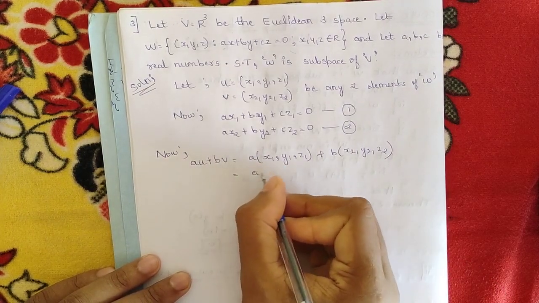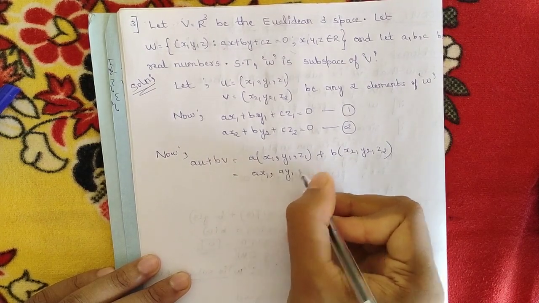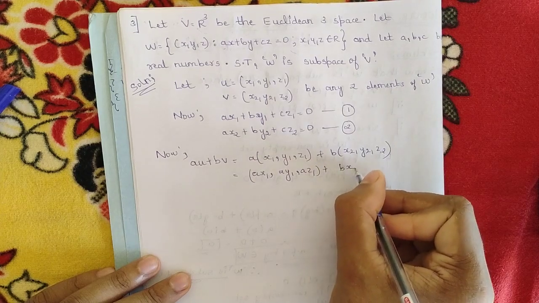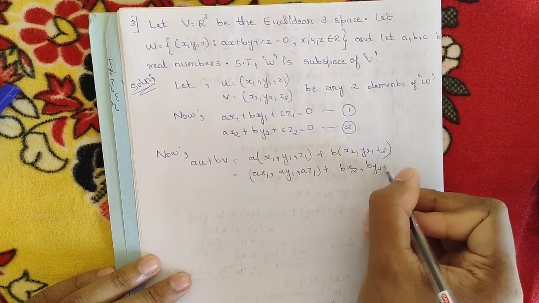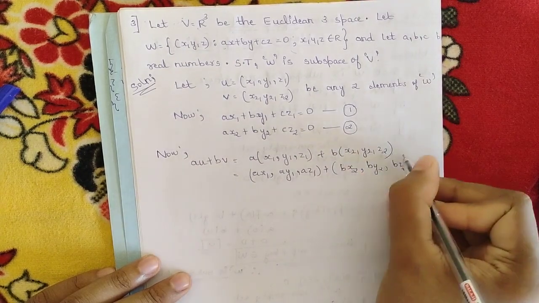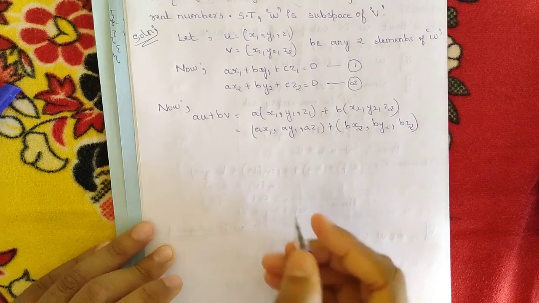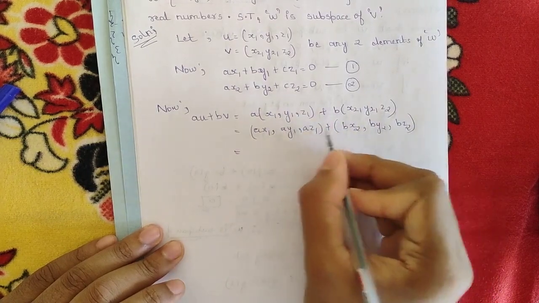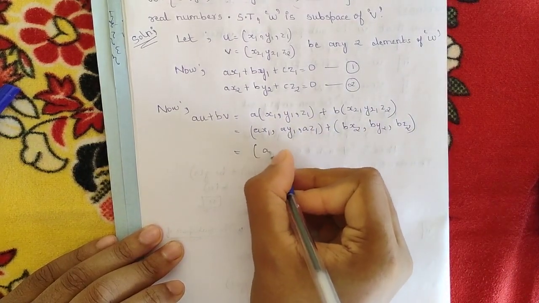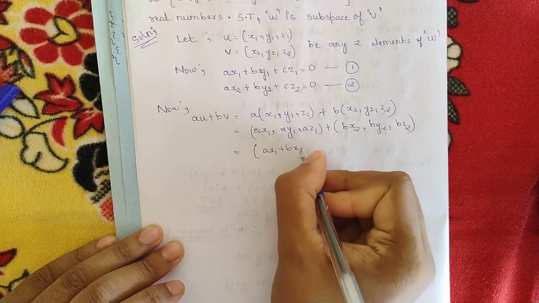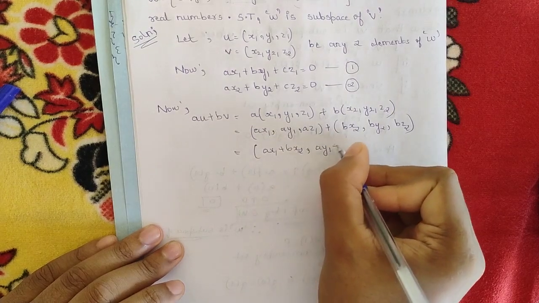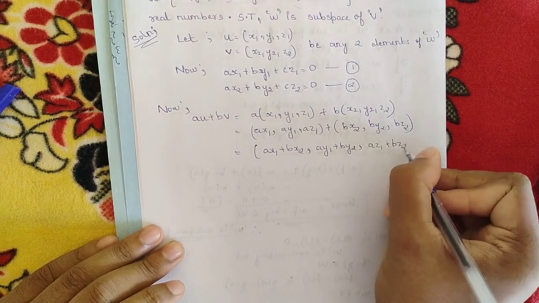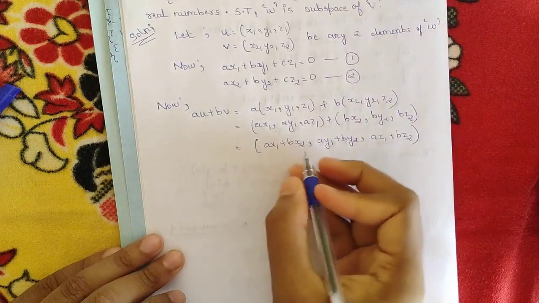Multiply a, so we would be getting ax1 comma ay1 comma az1 plus bx2 comma by2 comma bz2. Now you should be adding these terms, that is first terms, second terms and third terms. So we would be getting ax1 plus bx2 comma ay1 plus by2 comma az1 plus bz2. This is the thing we got.